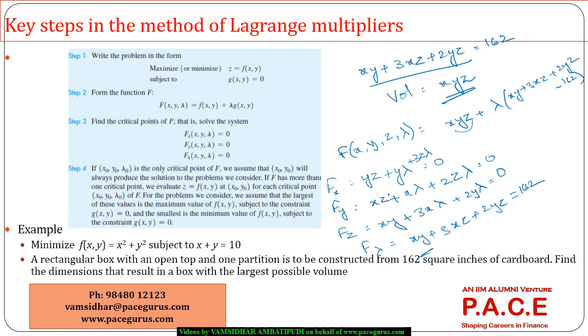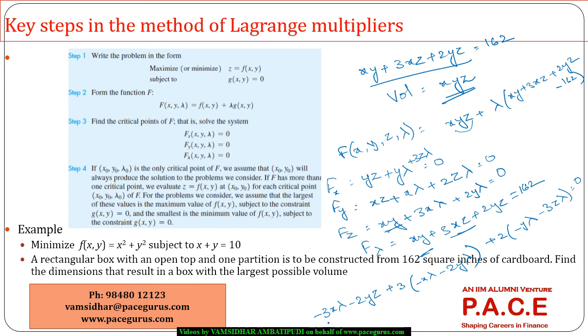Okay, let's try. xy is nothing but minus 3x lambda minus 2y lambda, plus 3xz, 3 times minus x lambda minus 2y lambda, plus 2yz, 2 times minus y lambda minus 3z lambda, is equal to 0. So we are converting it into one form.